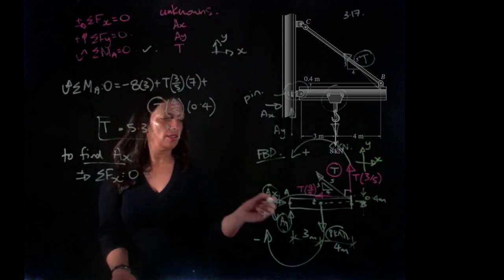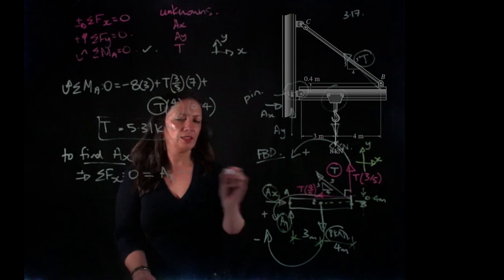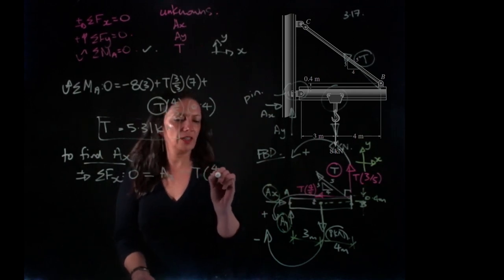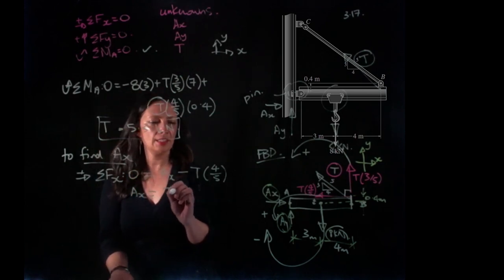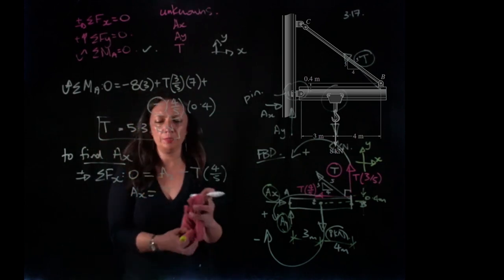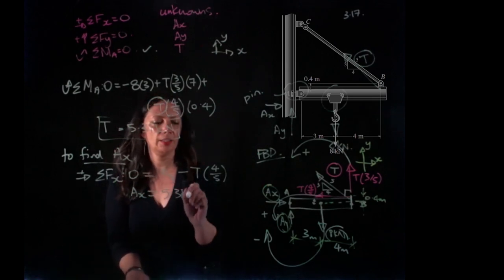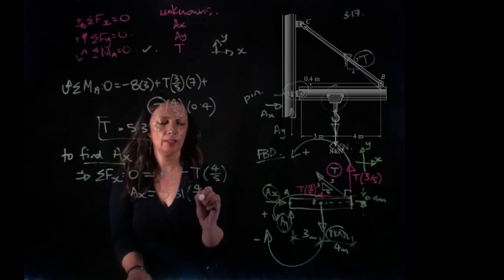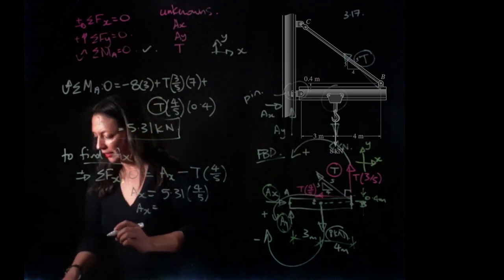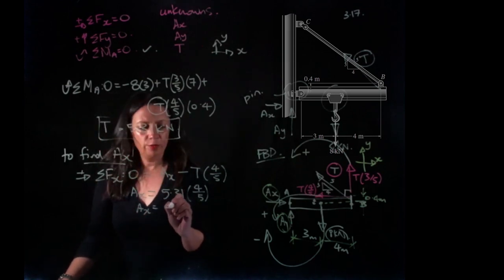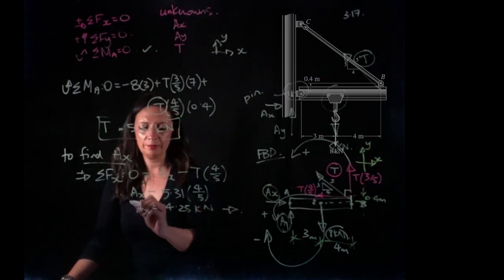So then we have AX, let's assign that to be positive, minus T 4 on 5. So AX is going to equal T, which is 5.31 times 4 on 5. So AX should equal 4.25 kilonewtons, and it's positive.